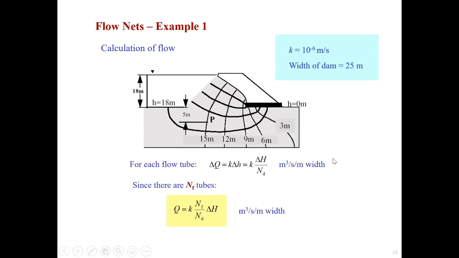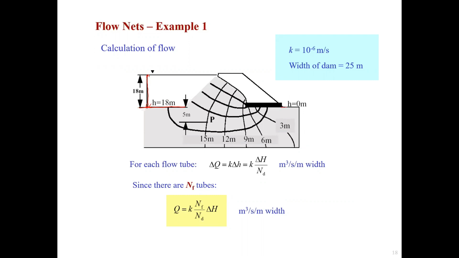So in most problems, we know the head difference between the inlet and outlet. So delta H equals capital delta H divided by the number of equipotential drops. Normally the water head upstream is already given. For this example, the water head upstream, at this level here, is 18 meters, because we know the depth of the water retained by the dam.